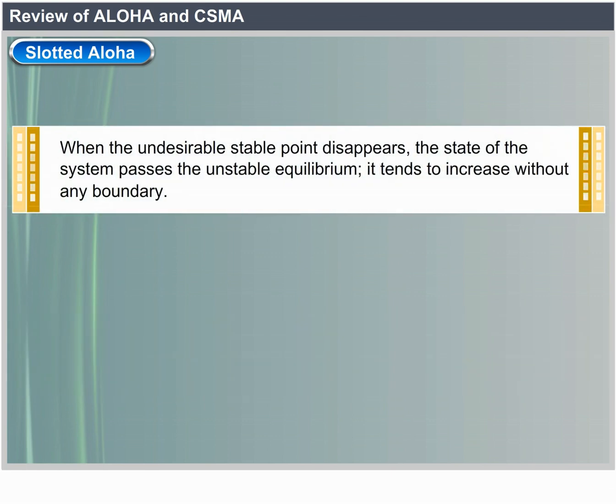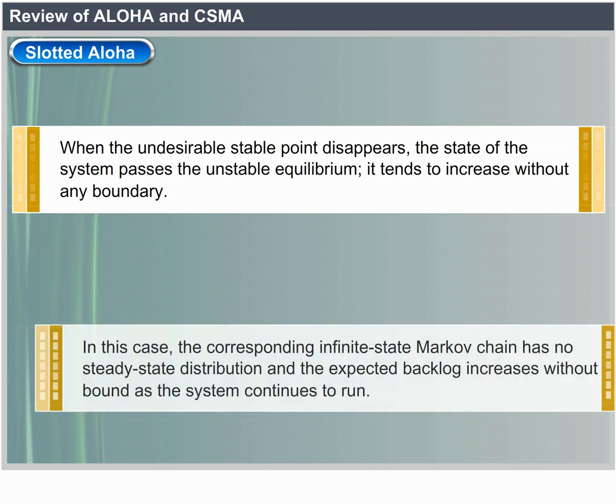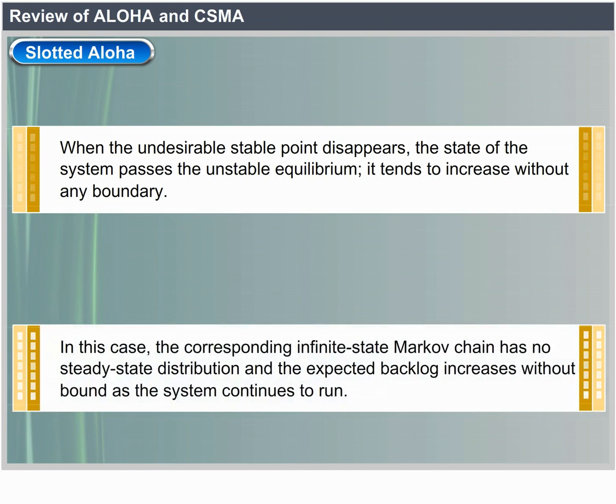In this case, the undesirable stable point disappears, and once the state of the system passes the unstable equilibrium, it tends to increase without bound. The corresponding infinite state Markov chain has no steady state distribution, and the expected backlog increases without bound as the system continues to run.